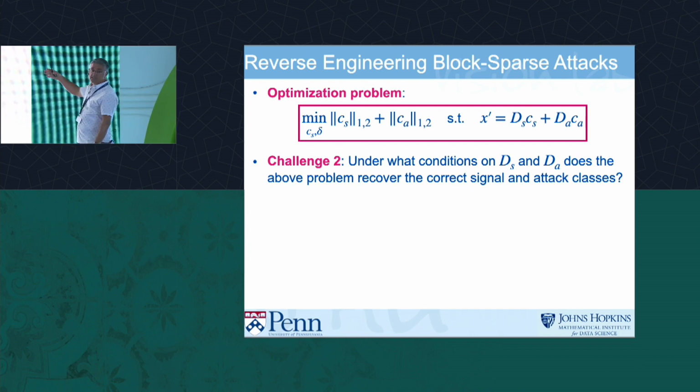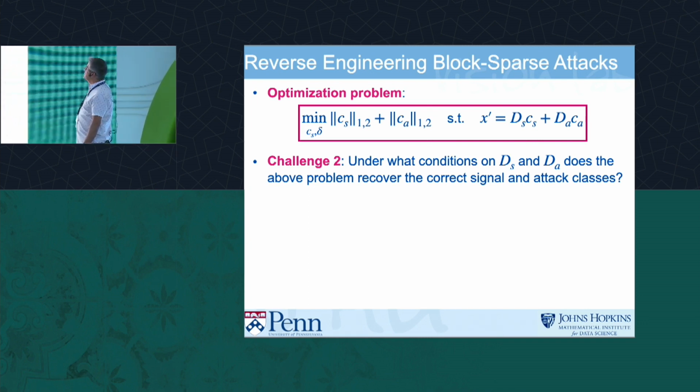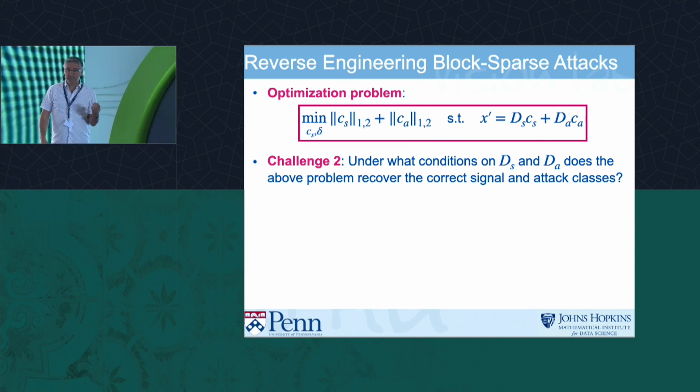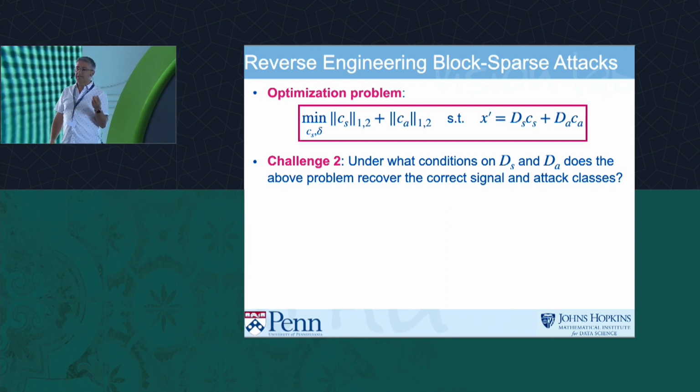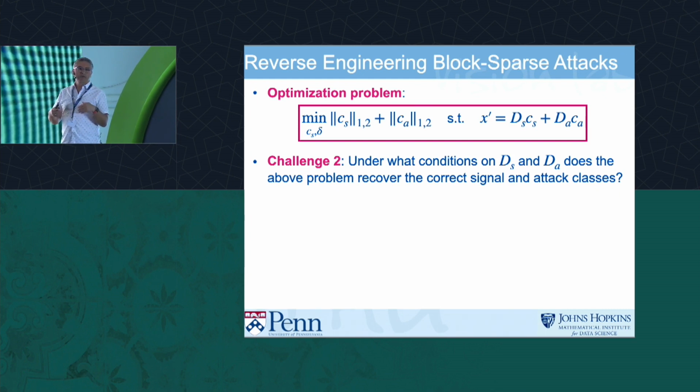And the DA is, again, the set of all attacks applied to all training examples. Under what conditions on those dictionaries can I recover the correct signal class and the correct attack class? And you saw from the tutorial yesterday and from classical sparsity that when you do that for L1 minimization, typically you have null space conditions or incoherence conditions or restricted isometry properties.